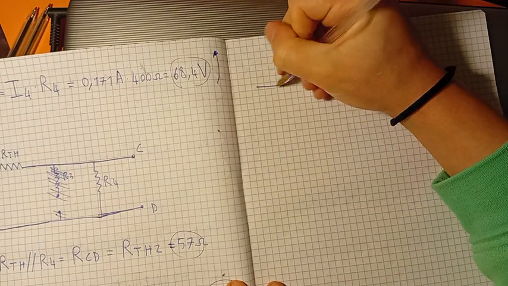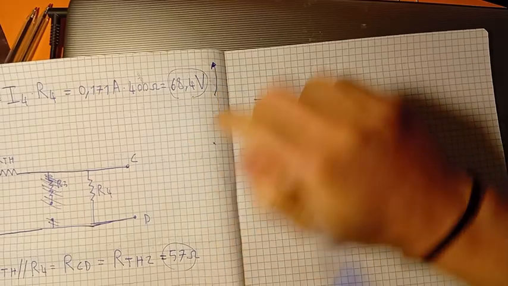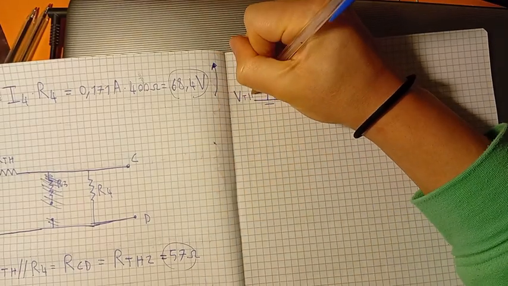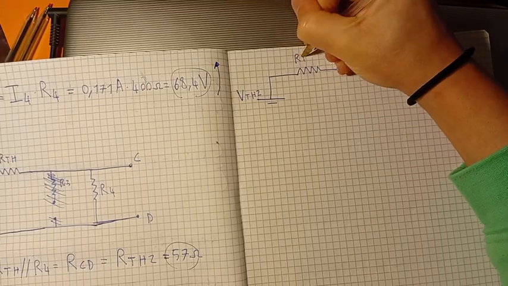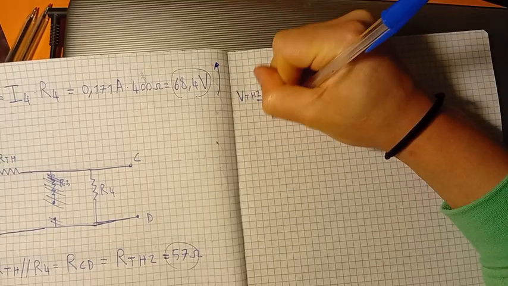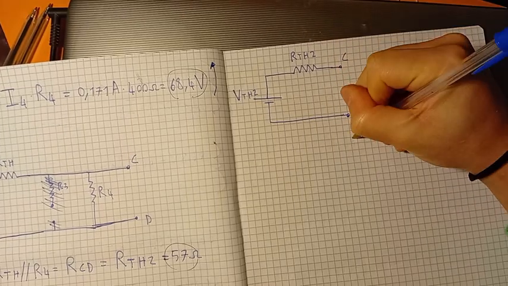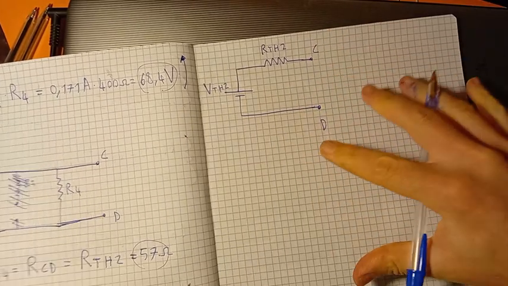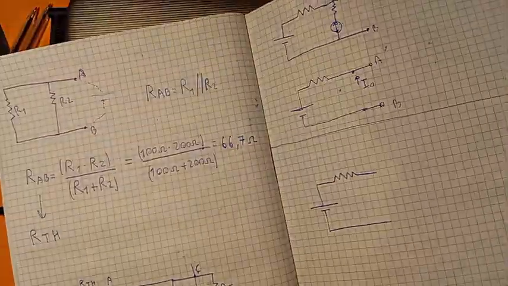So we have VTH2, which is positioned in this direction, because it was upward. This is VTH2, and we have RTH2. Now we have our points C and D. And now that this circuit is transformed, we'll just place it back where it was before.